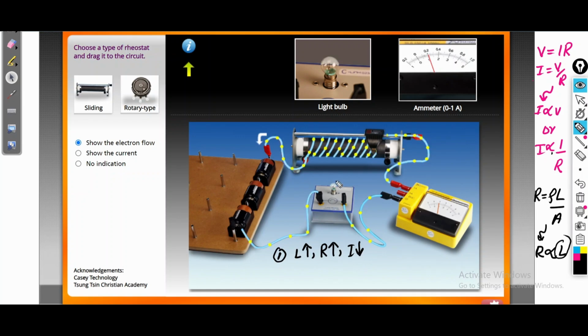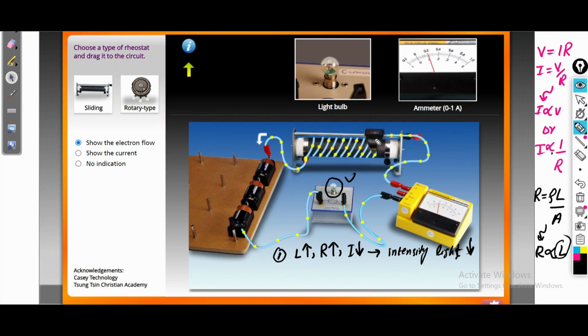So less current will pass through this resistor, and the intensity of the light in this case will be decreased. So this is the first case.